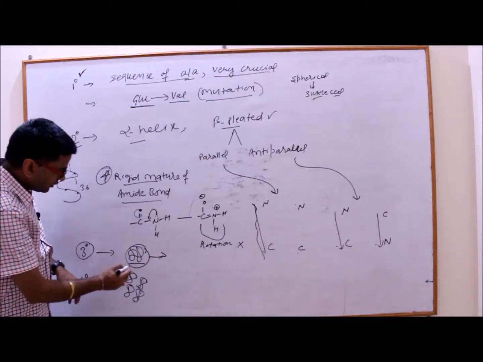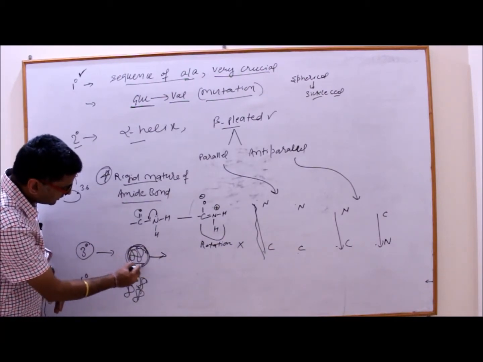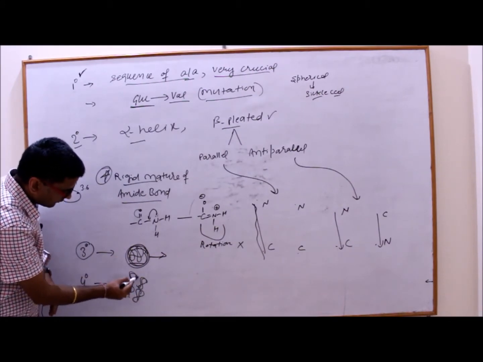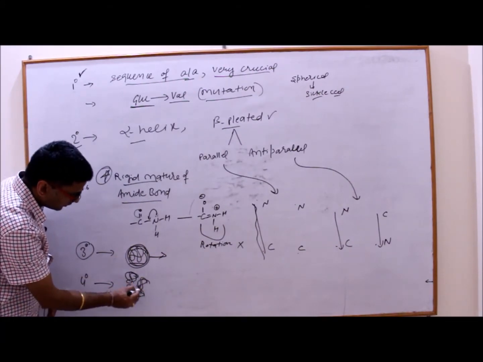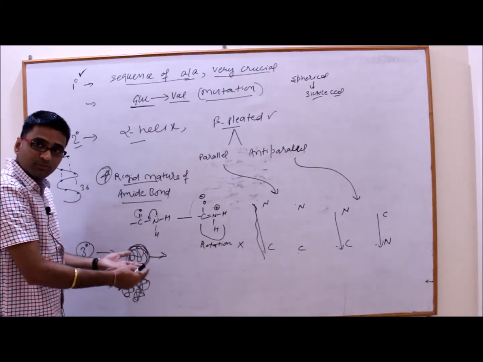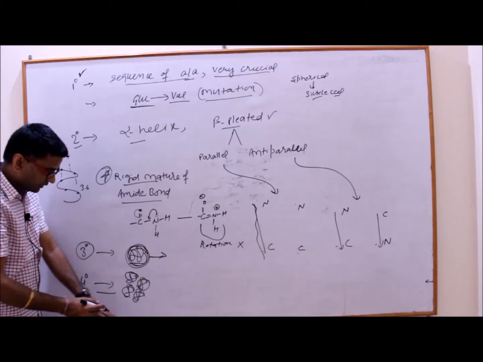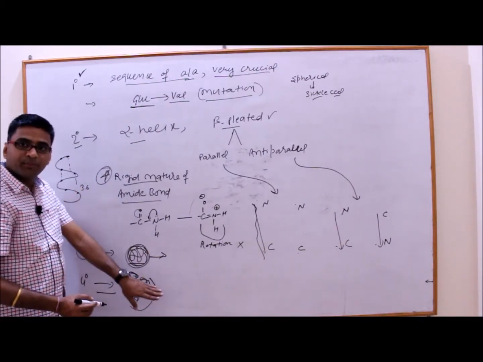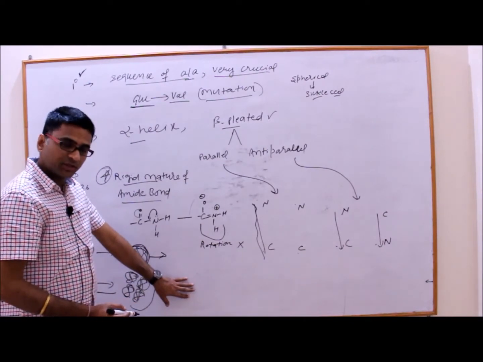Quaternary structure: when such tertiary structure polypeptides, like 1, 2, 3, 4, combine further by weak van der Waals forces or hydrogen bonding, then we get a quaternary structure of the protein. In some cases such structures are important for the functioning of the protein.